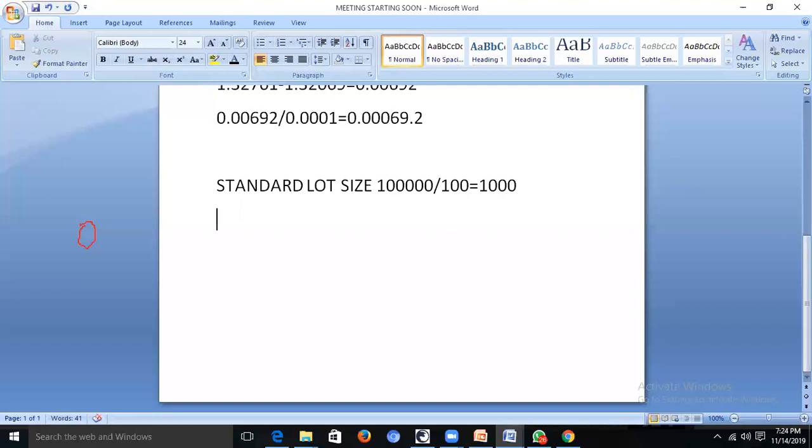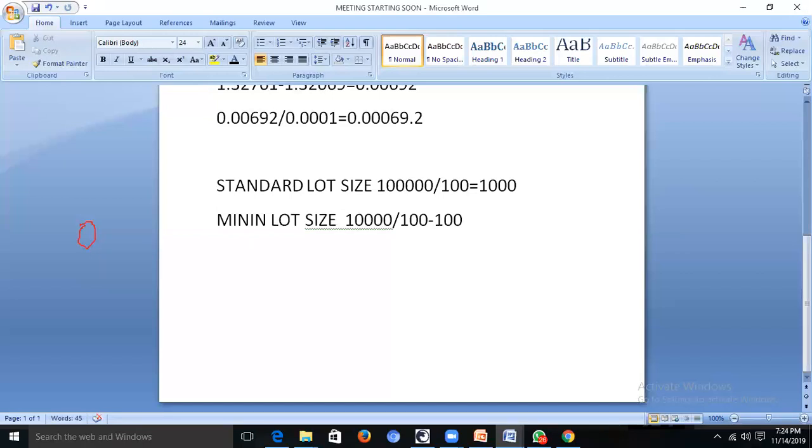Now for a mini lot, mini lot is 10,000 units you are controlling. So you divide by 100, which is the leverage your broker is giving you. So for a mini lot, your broker can allow you to place a trade with $100. That is, if you want to trade $1 per pip lot size, you can have at least $100 in your account. They will allow you.